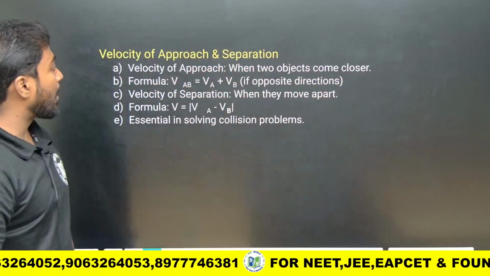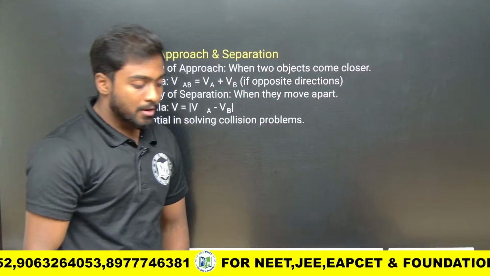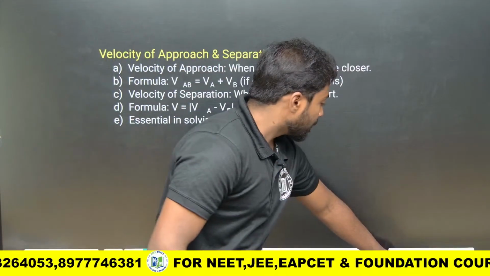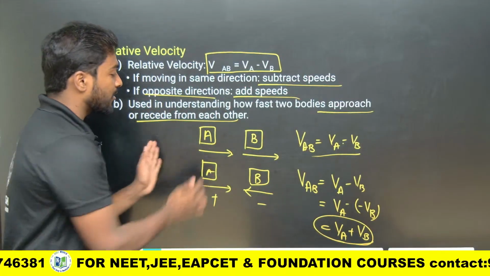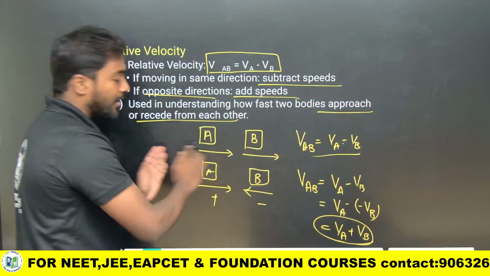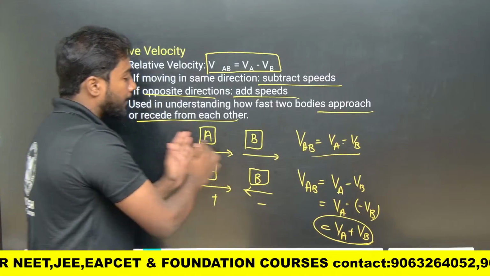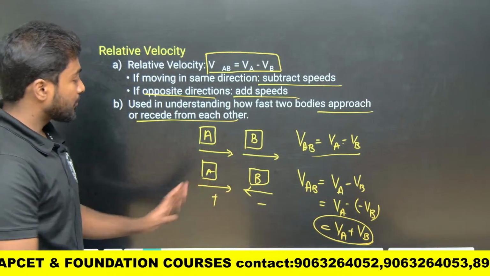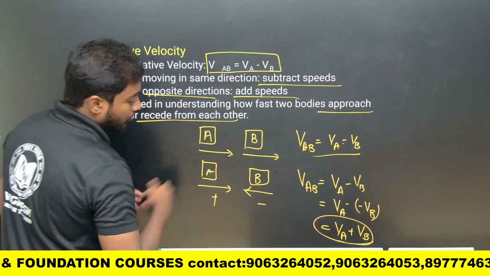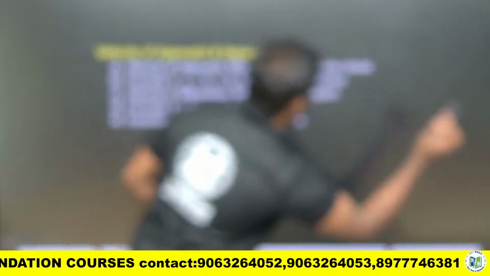Next, velocity of approach and velocity of separation, which we saw in the slide before. Same direction in the sense that B is going like this, A is going following, so A is approaching B. I will show you here in the same slide.